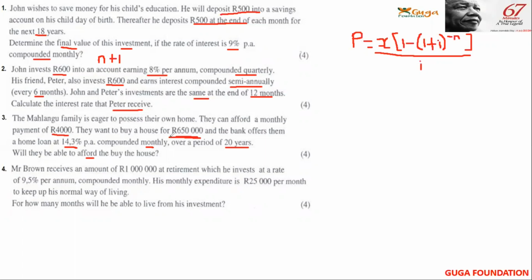So here, because now the bank will give the Matlangu family 650,000, that's your P. That's what they will receive. And then another thing, note that for the loan and for the bond for paying a house, we use the present value annuity formula.